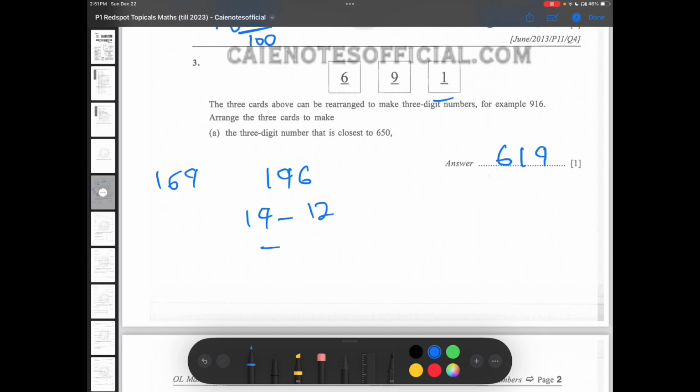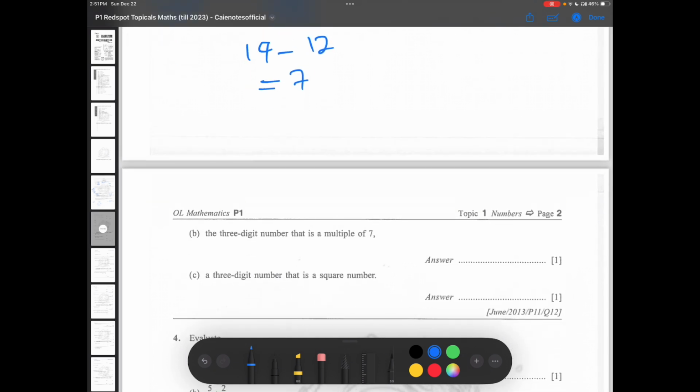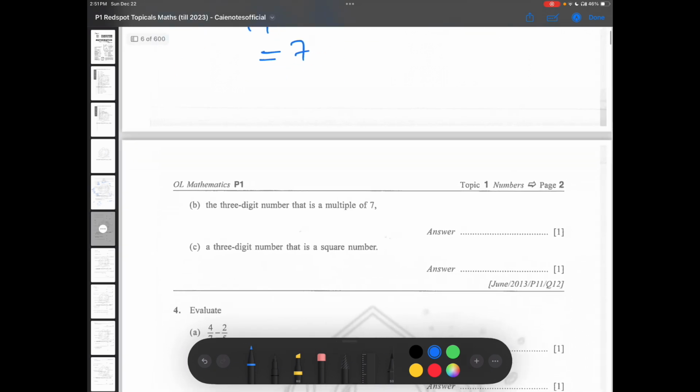And 19 minus 12 is 7. It means 196 is a multiple of 7. And 7 into 20 is 140, and 7 into 8 is 56. So this is 7 into 28. So the answer is 196.